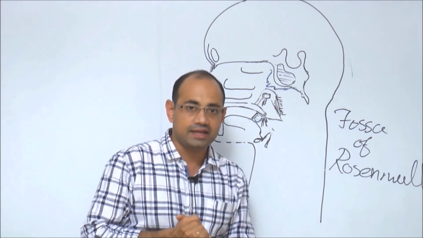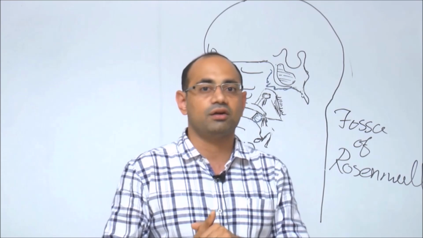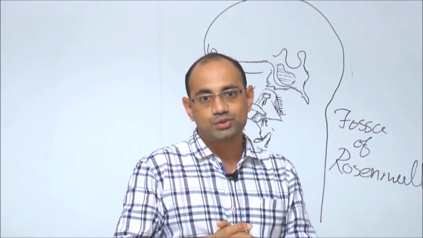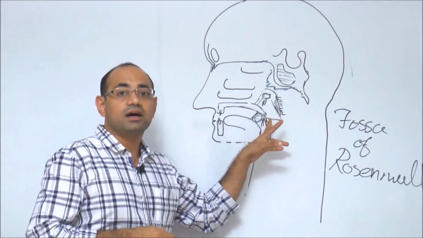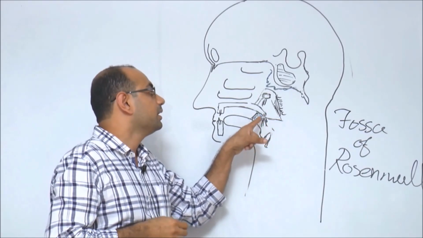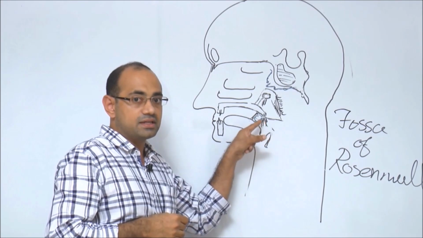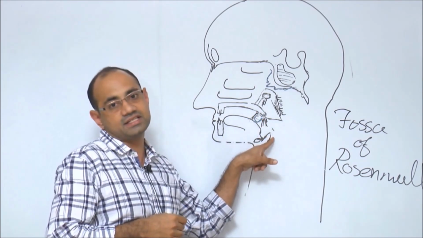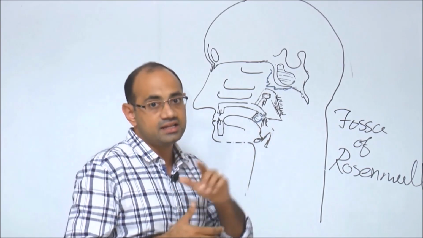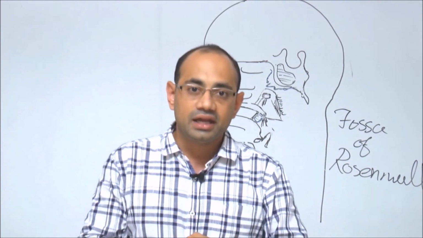I do not know why, but they know that very often the students won't be able to say it, so they get happy. So that is your Passavant's ridge. It is a fold formed from the muscle fibers which are going horizontally, of which muscle? Palatopharyngeus muscle.